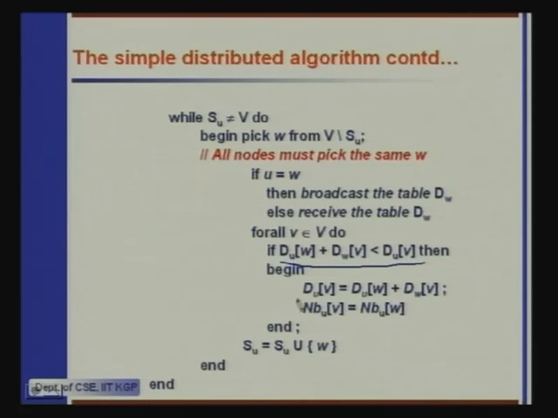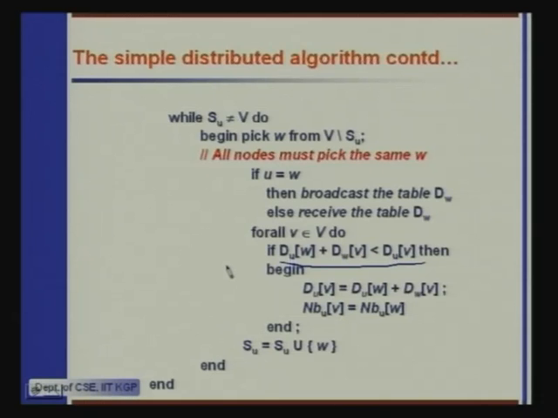And as it updates duv, it also maintains the neighbor to which packets must be forwarded along the shortest path. So, that is what nbuv contains: for the destination v, to which node should the node u forward a packet. Okay. So, packets with destination v must be forwarded to nbuv by u.